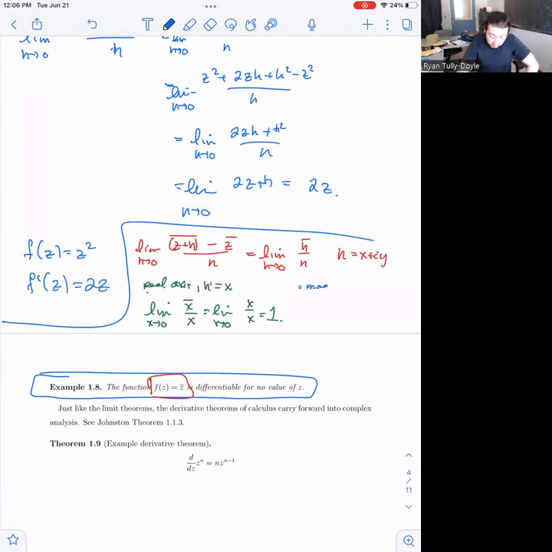Along the imaginary axis, now we're looking at points of the form iy. So on this axis, h is equal to iy. That is, there's no real part, there's just an imaginary part. In that case, the limit as y goes to 0 of iy bar over iy is equal to minus iy over iy, which is minus 1.